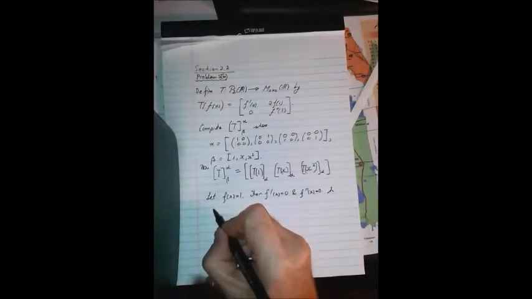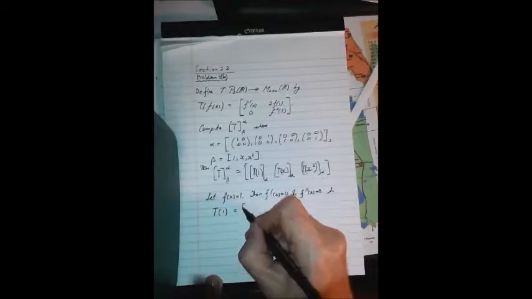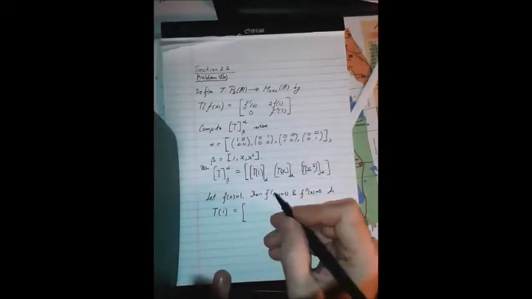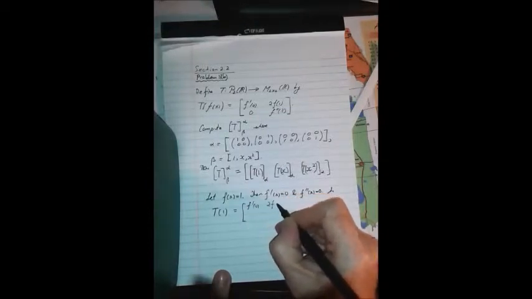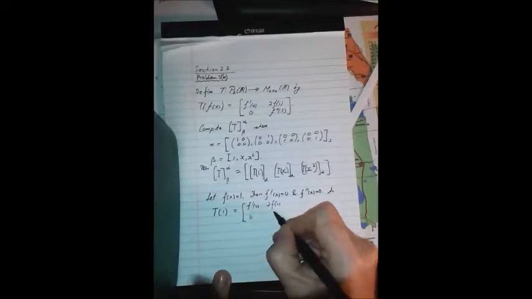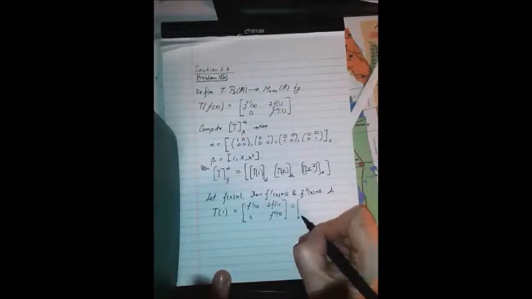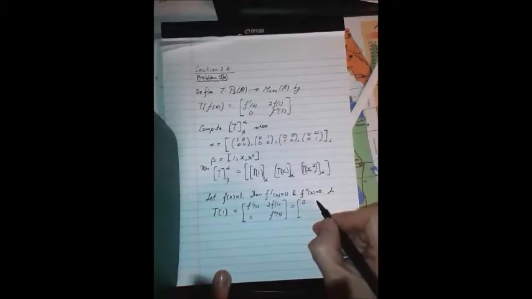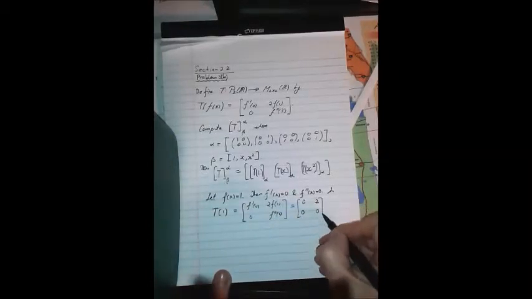So then T of 1 is equal to the derivative of f at 0, twice f at 1, 0, second derivative of f at 3. Okay, so this first entry here is 0, this is twice 1, which is 2, this is 0, and this entry here is also 0.